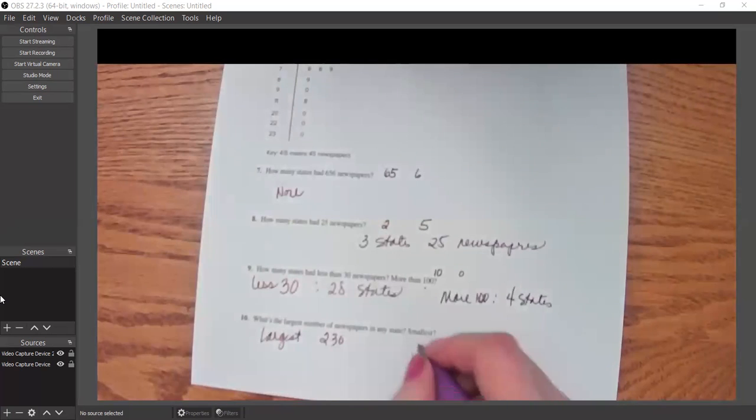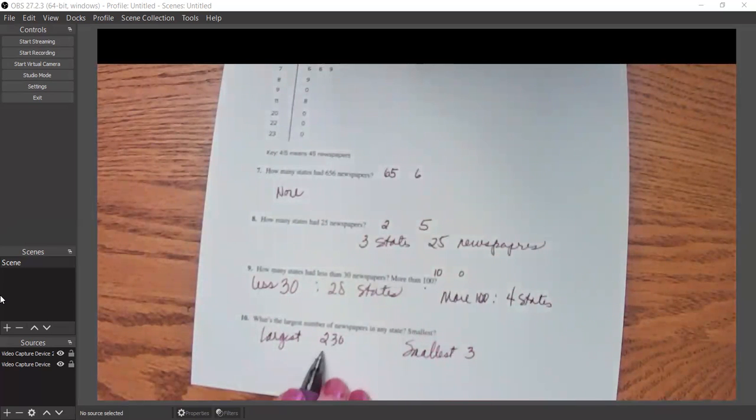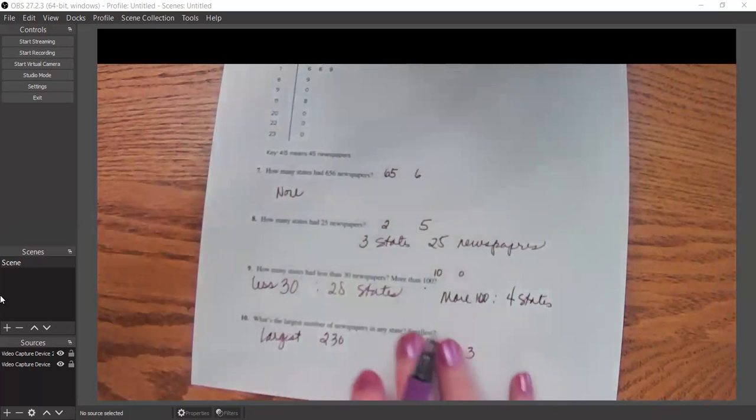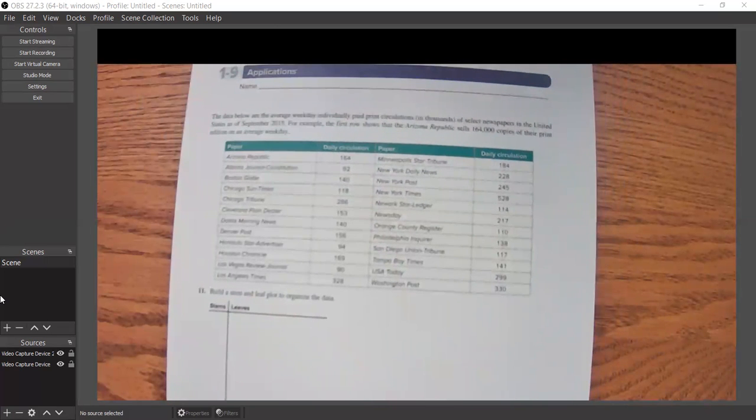So the smallest number of newspapers would be 3. Stem of 23, leaf of 0. Stem of 0, leaf of 3. So that's reading a stem and leaf diagram.